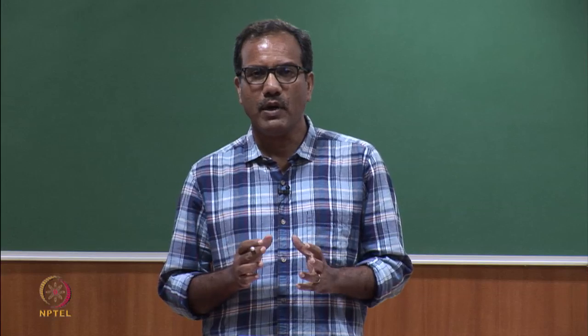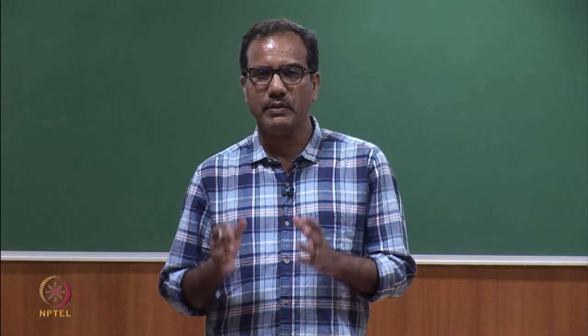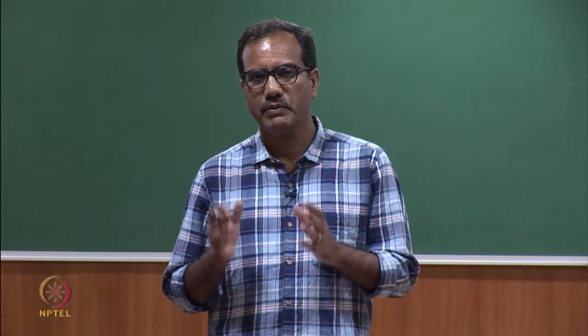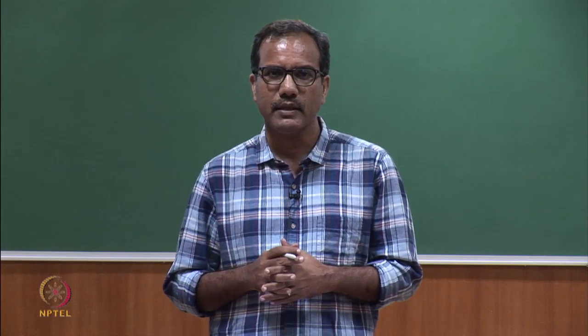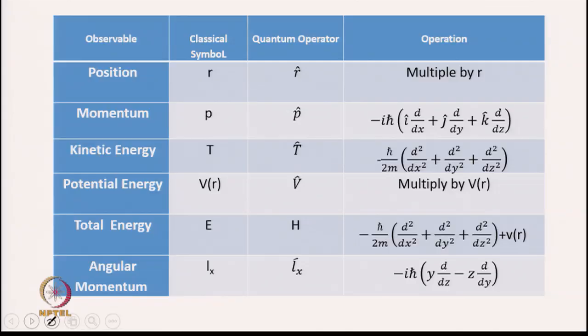So we talked about what we mean by an operator, a linear operator, and a Hermitian operator. In quantum mechanics, for every observable, position, momentum, kinetic energy, potential energy, total energy and angular momentum, there is a quantum operator R, P, T, V, H and Lx, the angular momentum operator.